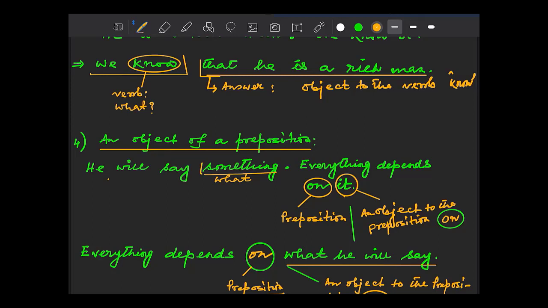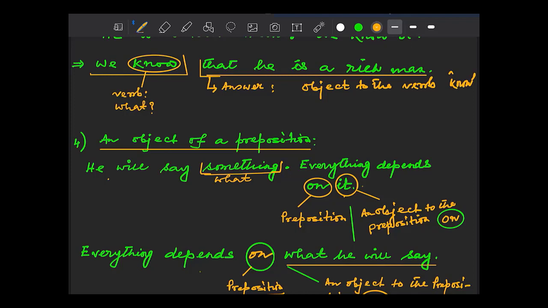When you get this type of something, change it into what. So everything depends on it. It means this sentence: he will say what? Combine the sentences. Everything depends on it. It means this sentence. This sentence is what? What he will say. So everything depends on what he will say.